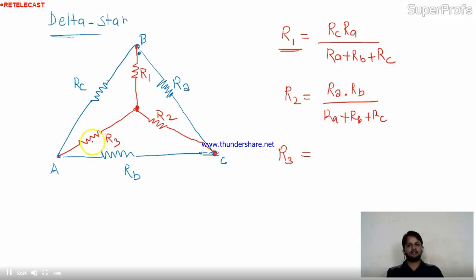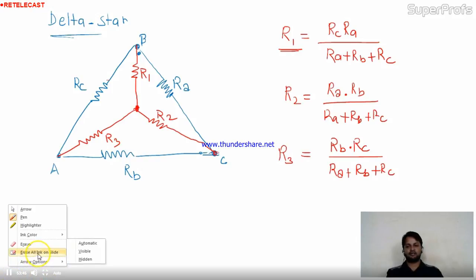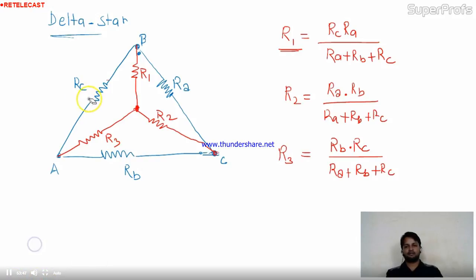Come to the R3 now. R3 is connected with RB and RC. So multiply RB and RC. In the denominator, summation of RA plus RB plus RC. Simple. This is delta to star conversion. Now your delta is converted into star. Now you can remove the delta from the circuit.